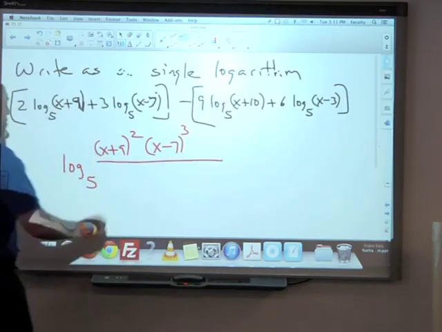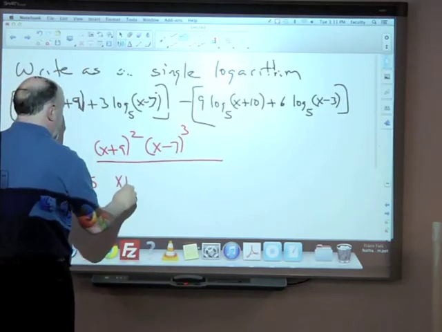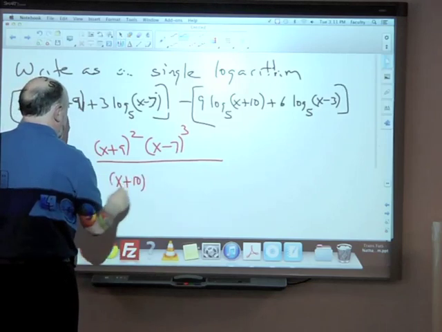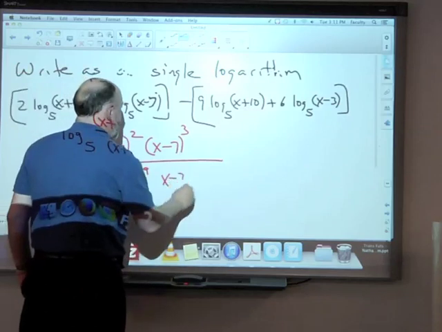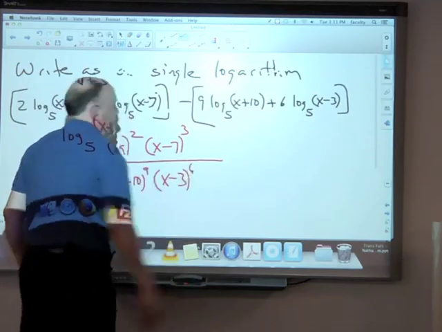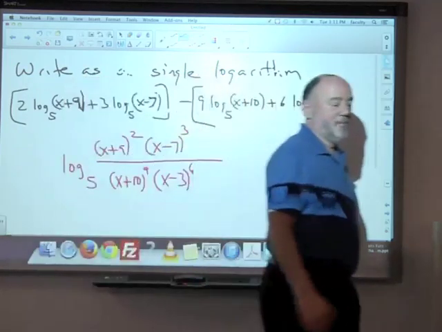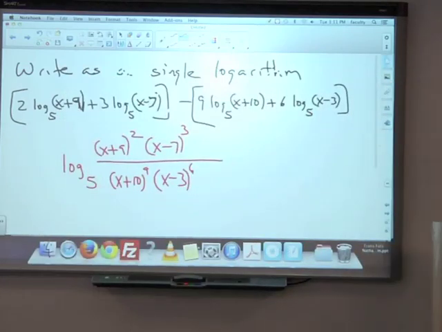On the bottom, we have x plus 10 to the 9th, and then x minus 3 to the 6th. Right? We're going that way easier.